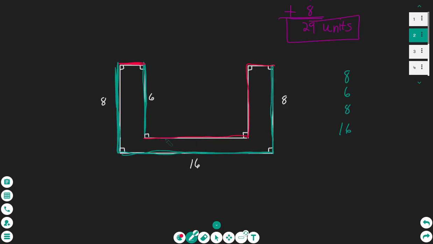There's a couple ways that we could approach this. First of all, one thing to note is that all of the angles, all of the corners of this particular shape, have that little box in them. That indicates that they are all right angles. It's straight up and straight across, as we learned in our last lesson.